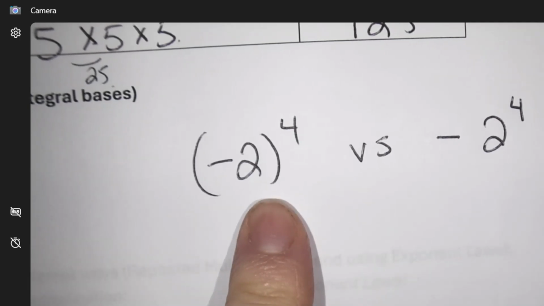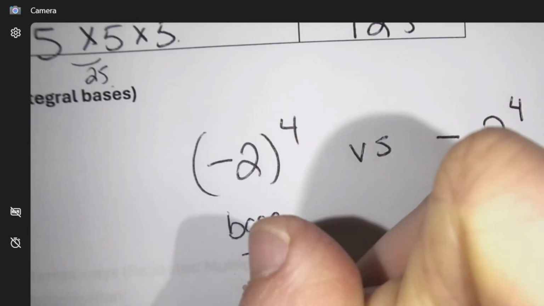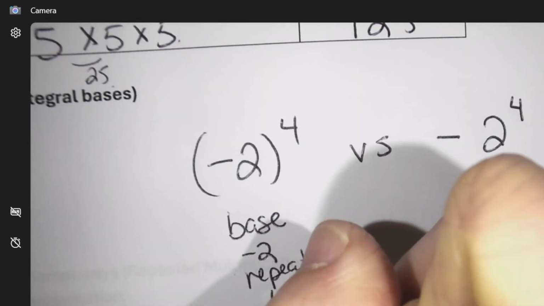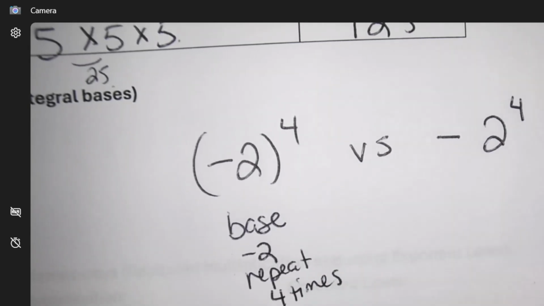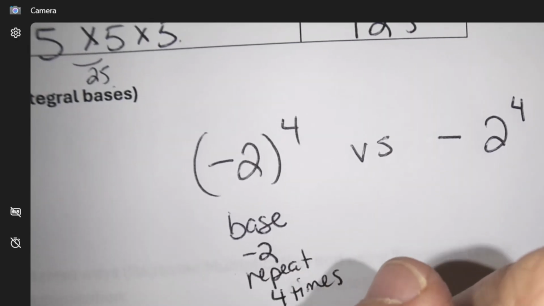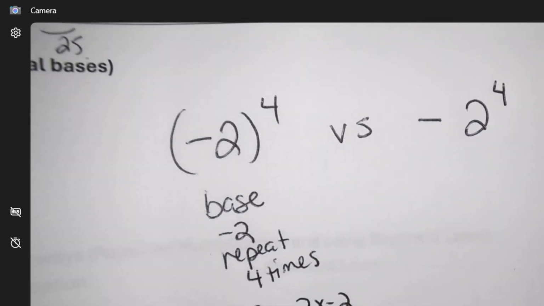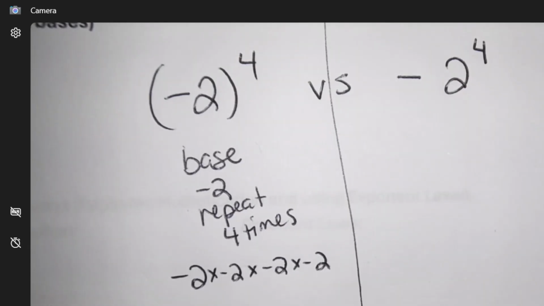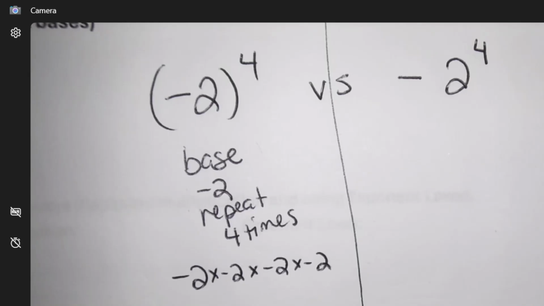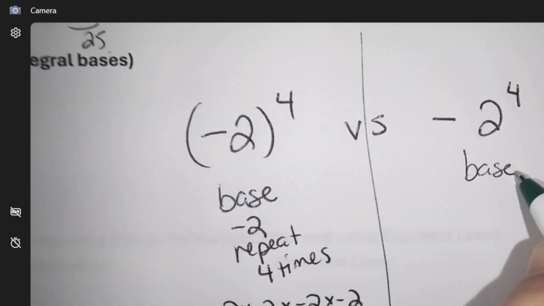Okay, so this one has a base of negative 2, and you repeat it 4 times. So this is negative 2 times negative 2 times negative 2 times negative 2. That's positive. Versus this one, what is the base? 2.